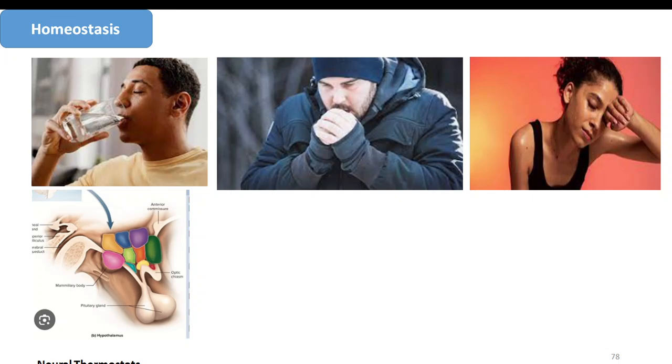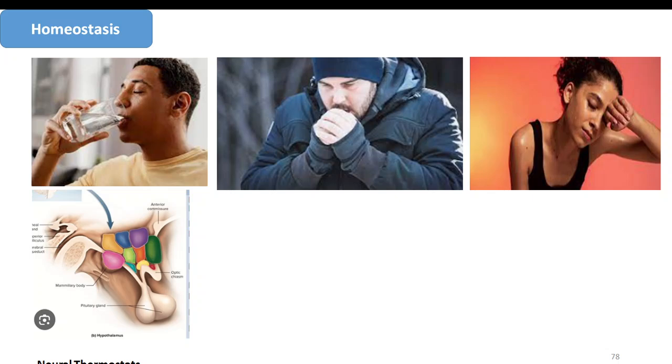Imbalance could be due to shortage of water, shortage of salt, or rise in temperature or rise in pressure, and prompting the individual to reach out to a counter mechanism to bring the body back to stability. This setting up of the set point, realizing the change and responding to the change and prompting the individual to get into the required action is called homeostasis, right? So the homeostatic control systems, both physiological and psychological, are the reason for this constancy.